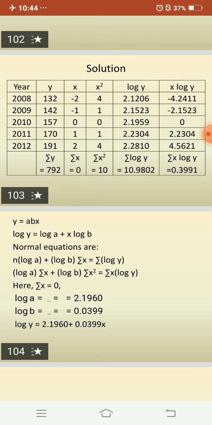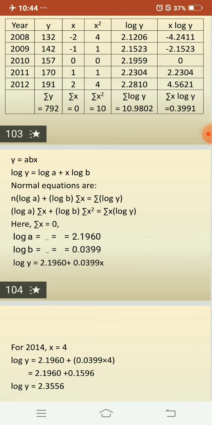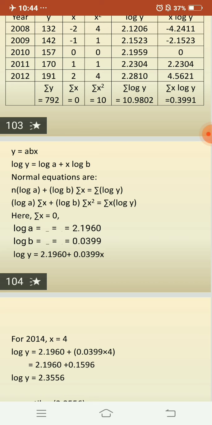Similarly, in place of summation x equals 0 in the second normal equation, here you get log b equals 0.0399.